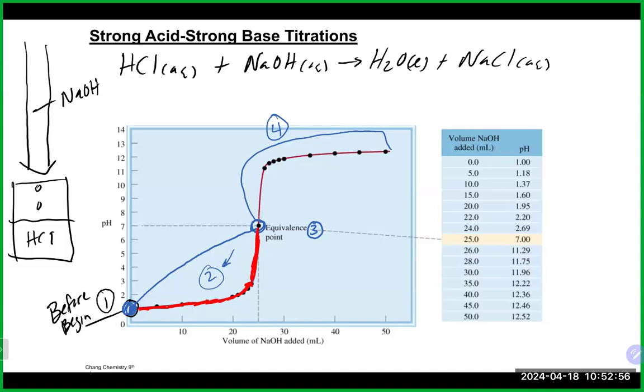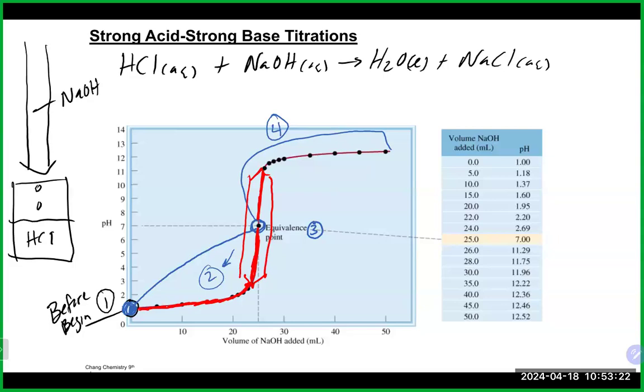And by the way, you also will have a jump in pH past the equivalence point. So in this range here, we're pretty much going straight vertical. So when I go straight vertical in this case, the pH, is it changing a lot or a little?